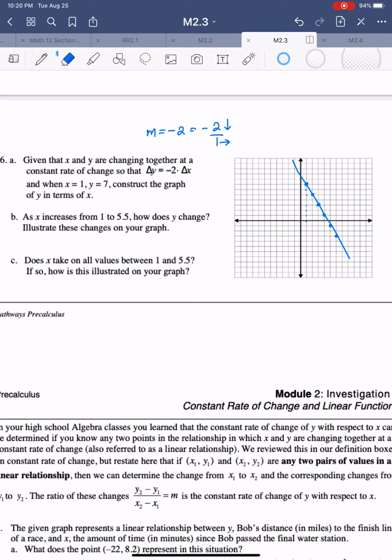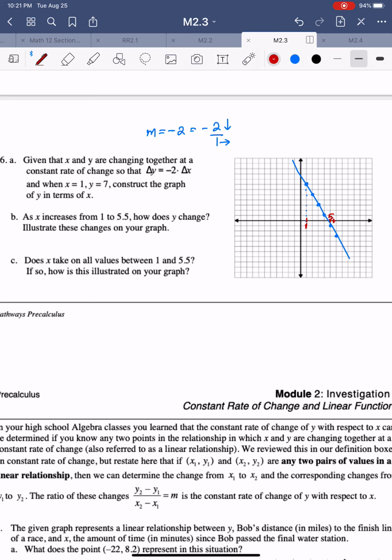Alrighty, so that's A. And then B: as x increases from 1 to 5.5, how does y change? Illustrate the change in your graph. So let me use the red. From 1 to 5, so 2, 3, 4, 5, right here. Oh, 5.5, sorry about that. 5.5 is right here.